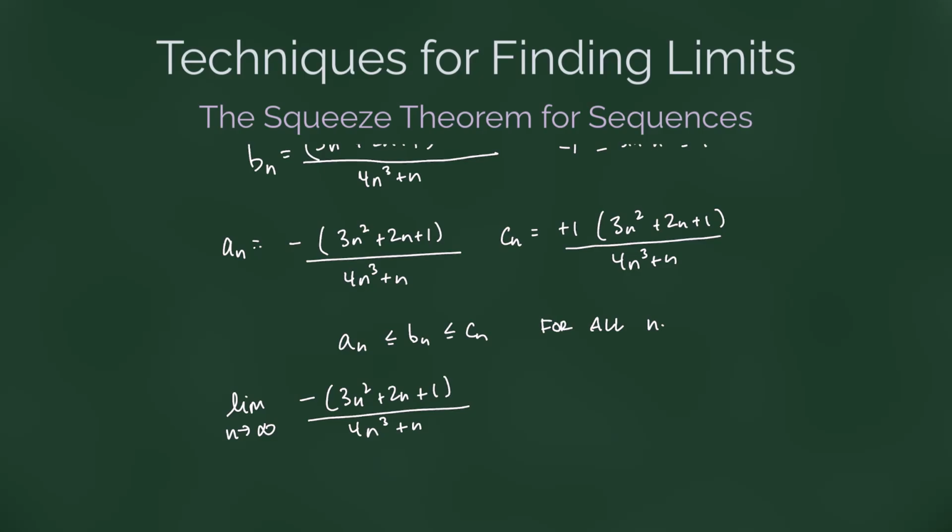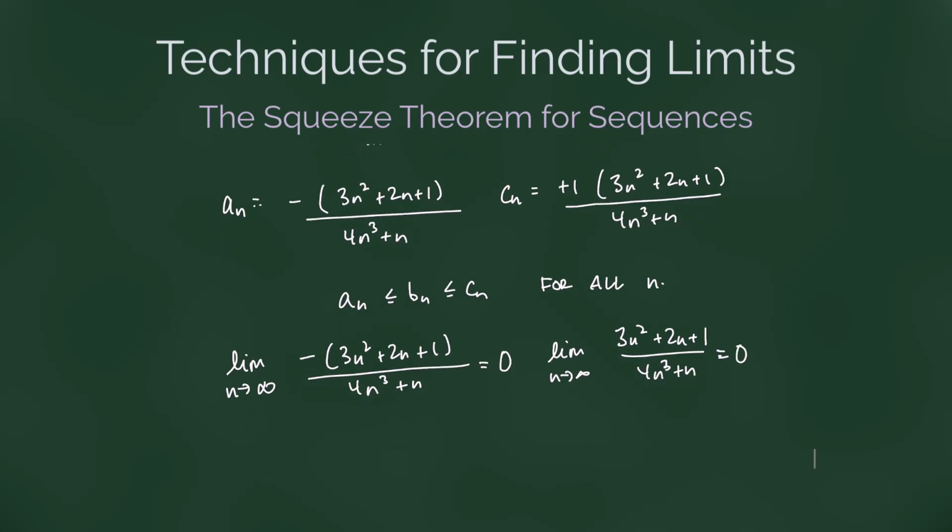This is similar to the idea of a horizontal asymptote, which means that this limit, because the denominator has a higher degree than the numerator, is exactly 0. Similarly, the limit as n approaches infinity of c sub n, 3n squared plus 2n plus 1 over 4n cubed. Same rule applies here. The power in the bottom is higher, so this limit is also 0.